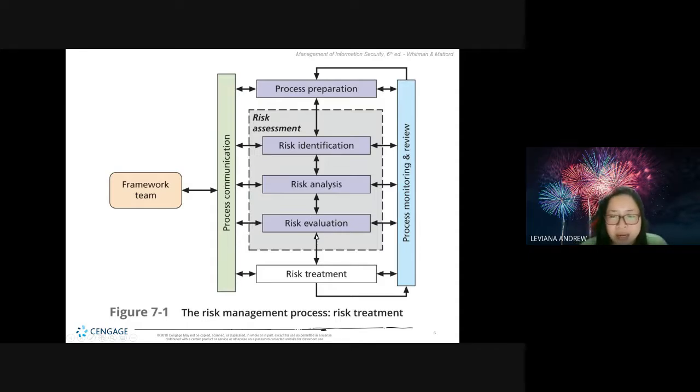Depending on the evaluation, whether it has a low impact or high impact, the risk treatment will be determined on how to contain the risk, the threat. After we have treated the risk, then monitor and review, and then begin the process again.